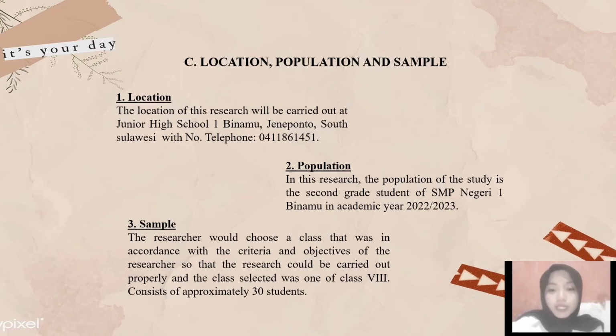Purposive sampling, also known as judgmental, selective, or subjective sampling, relies on the researcher's judgment when selecting the units to be investigated. The researcher will choose a class that is in accordance with the criteria and objective of the research so that the research can be carried out properly. The class selected was one of the class 8 classes, consisting of approximately 30 students.